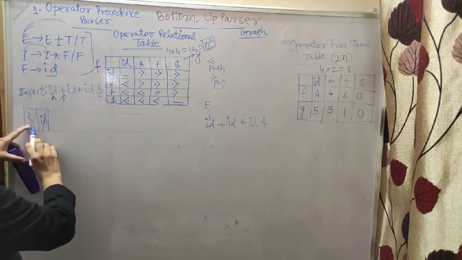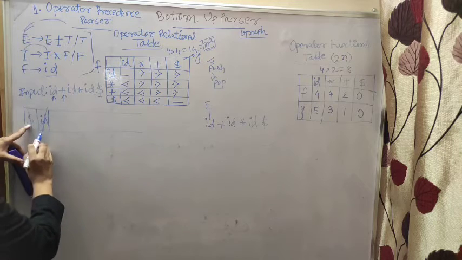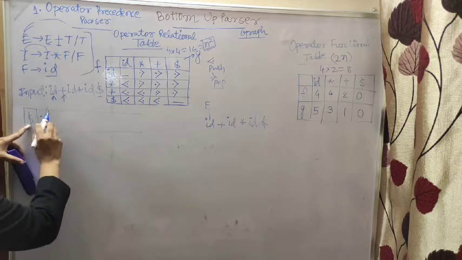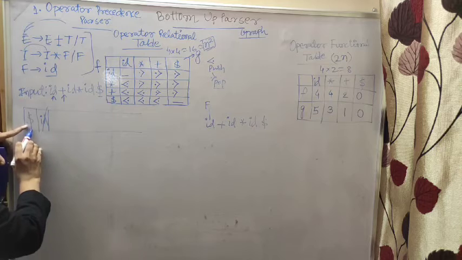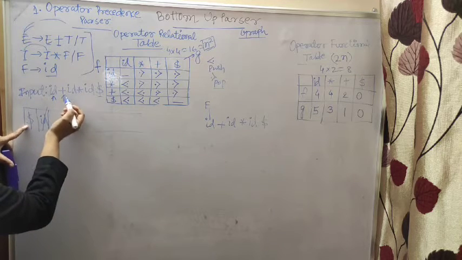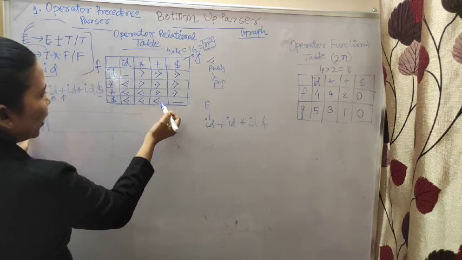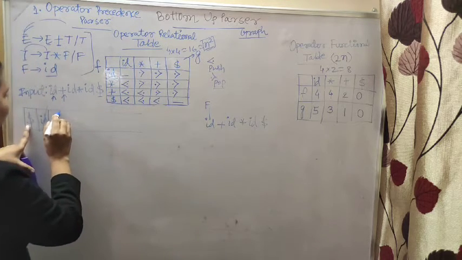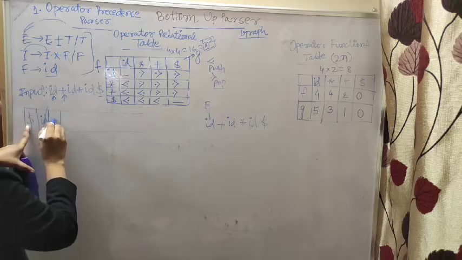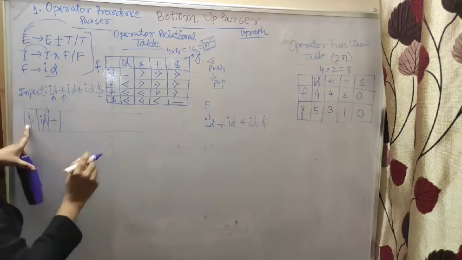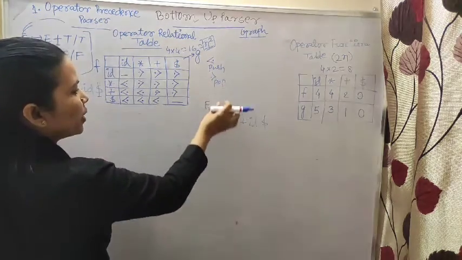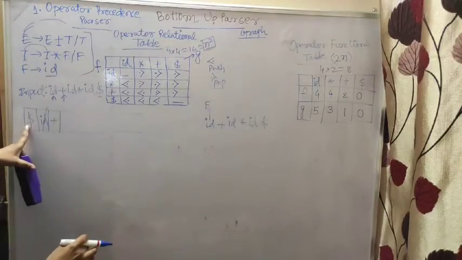Now the pop has been done. Again we check, because when I have popped the data, the stack pointer is dollar and the input pointer is plus. Dollar and plus, so we push plus. Whenever we reduce, that means pop, that is when we make a parse tree. Now plus is given.